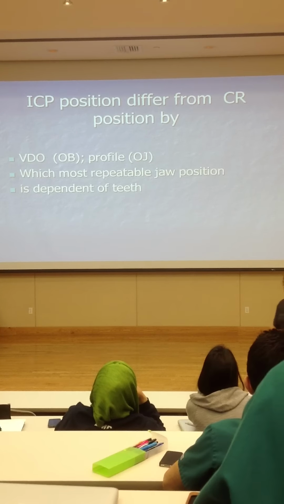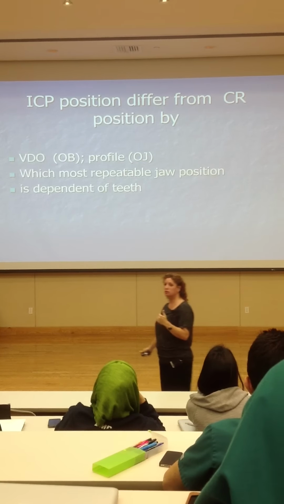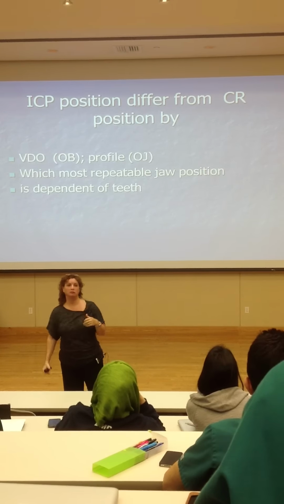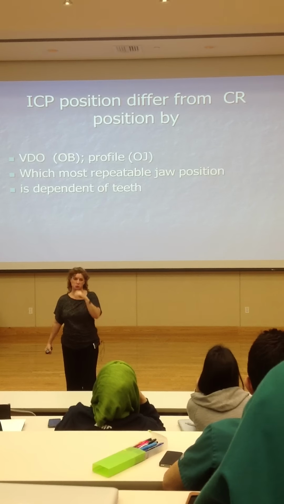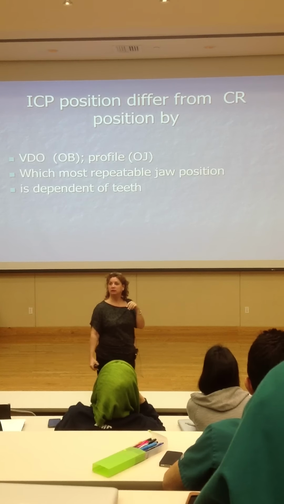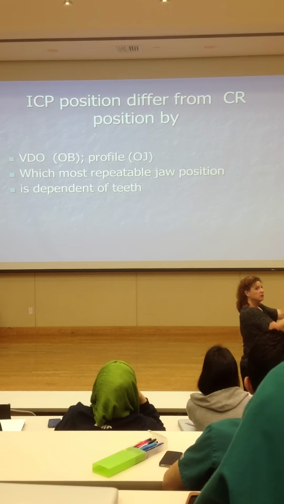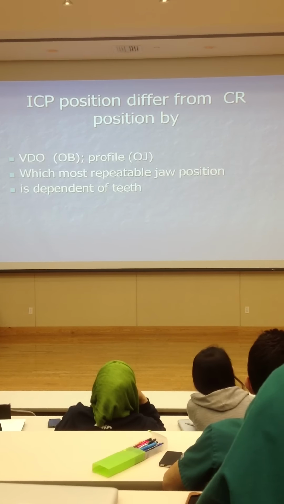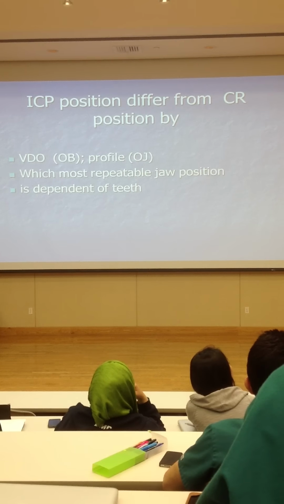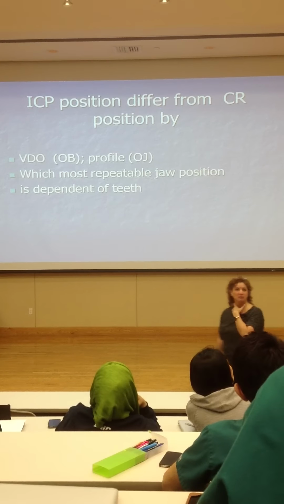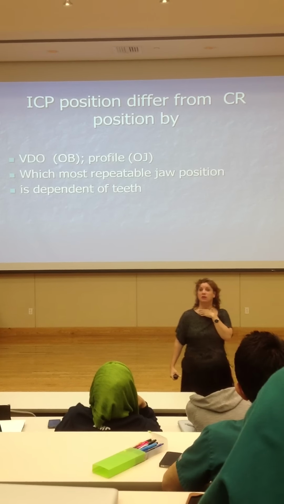When is it not extended? When is it diminished? In what kind of bite, if the jaw goes backwards, does the overjet get smaller? Class 3.